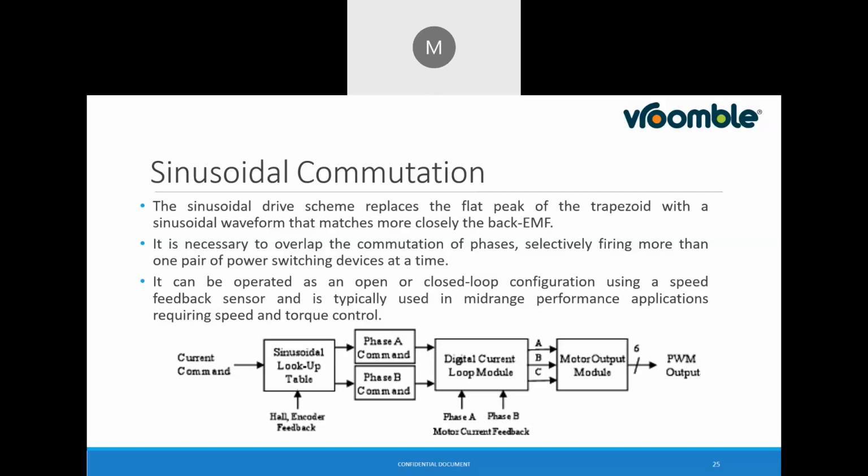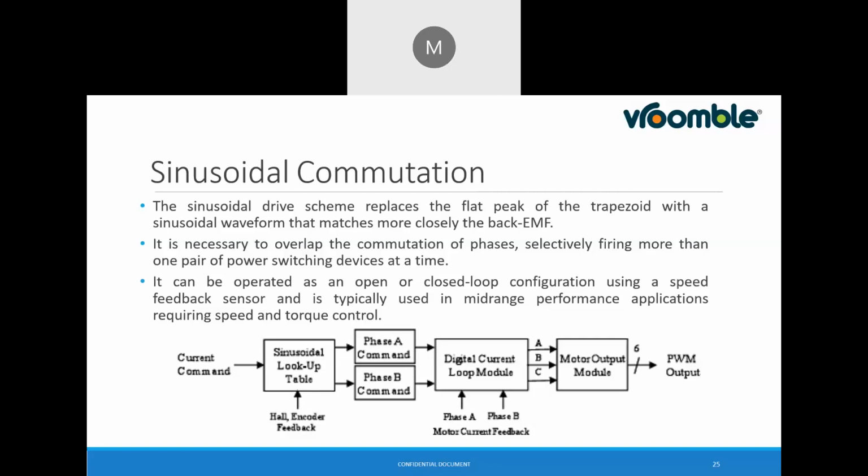When there is an application of high torque, trapezoidal commutation is, I won't say preferred, but if you are using it, it does not create any difficulties because you need a high torque and the speed is slow, so that can be easily used. At the same time, it is an easier method to control as compared to the sinusoidal one.